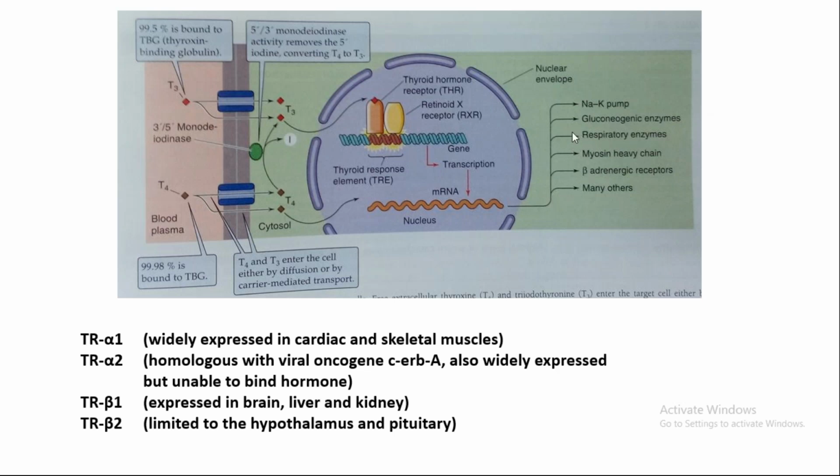In general, what happens is that this finally increases oxygen consumption and nutrient utilization in almost all the cells, and ultimately it increases the calorigenic or thermogenic effect on the body. The waste products are produced, so that is the main general function of the thyroid hormone in all the tissues.